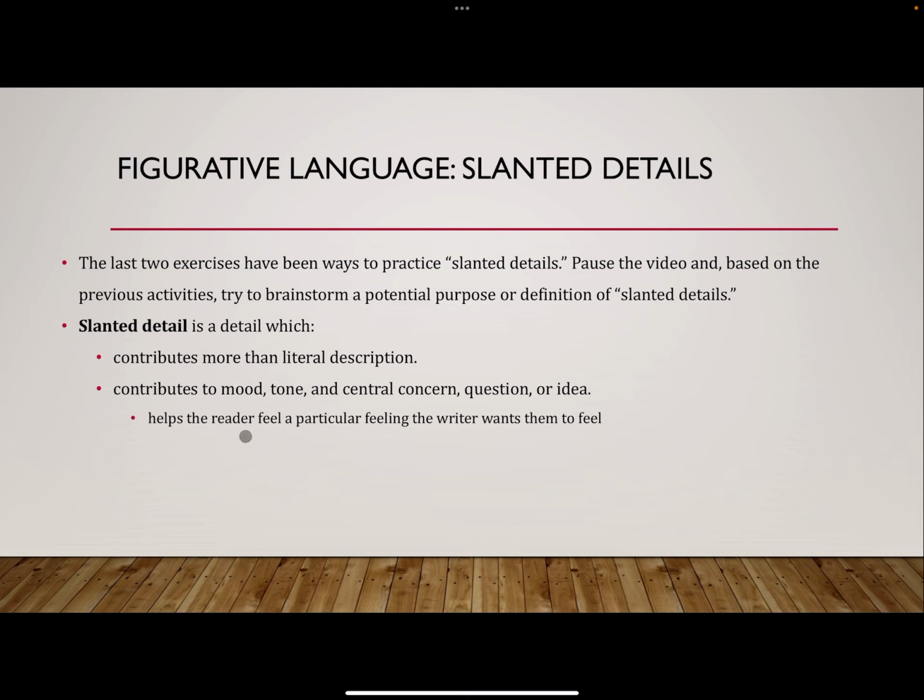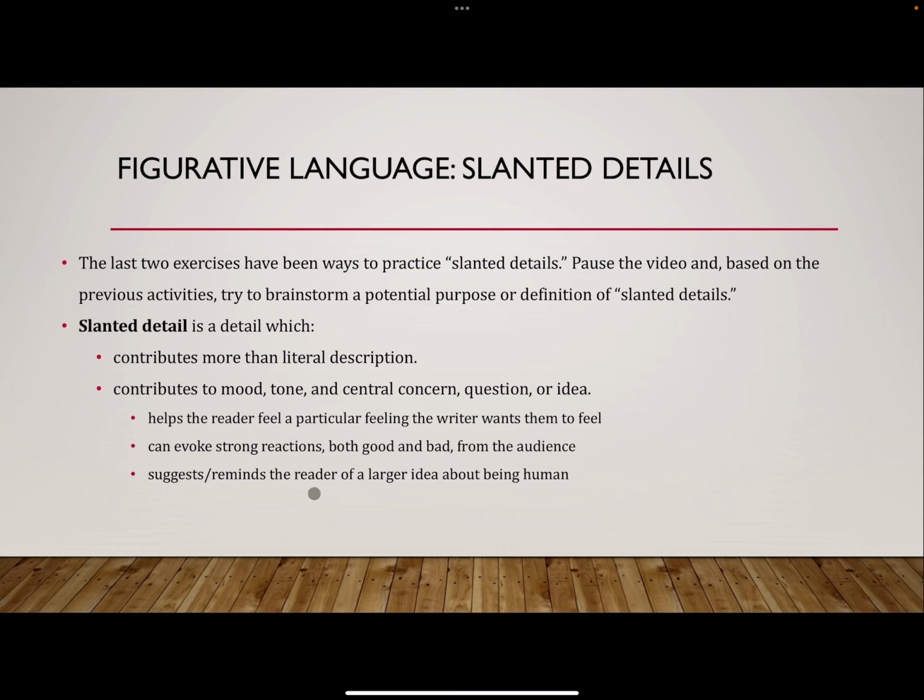Slanted details help the reader feel a particular feeling the writer wants them to feel. It can evoke strong reactions, both good and bad, from the audience. It can suggest or remind the reader of a larger idea of being human.